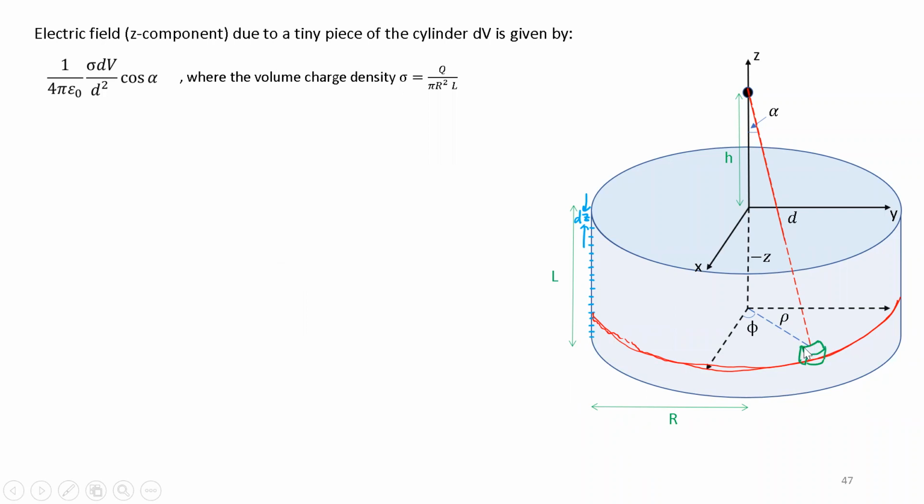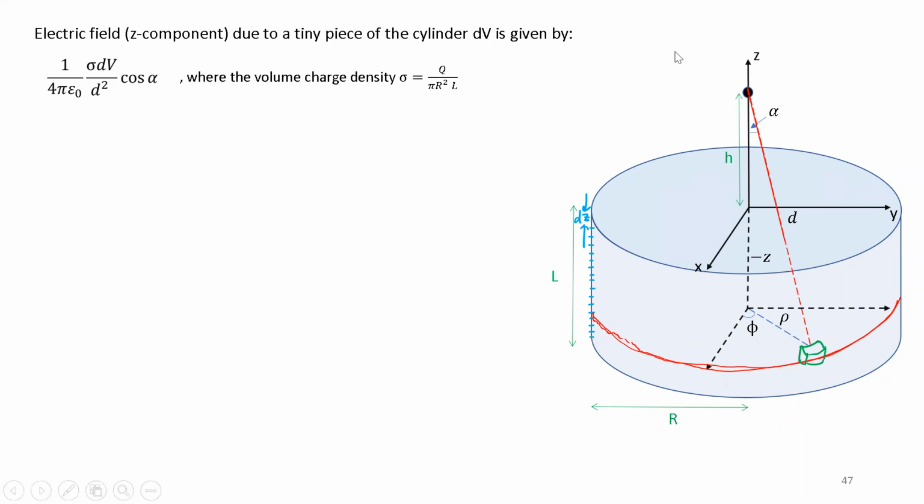You still remember that in the last example, I told you that we just need to consider the z component of the electric field. So what I need to do is consider this small volume carrying some amount of charge, and I need the 1 over d squared, where this d is this length, to calculate the electric field.